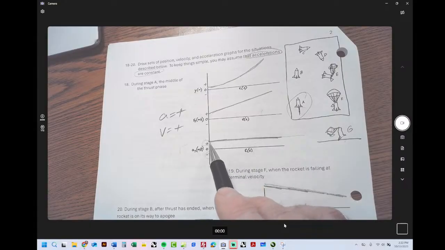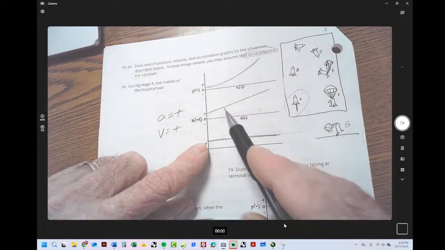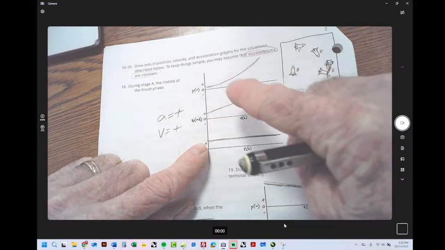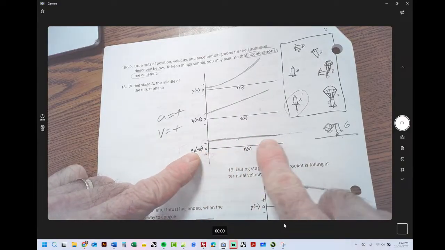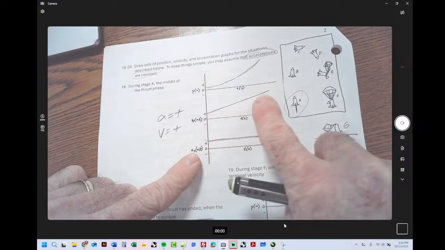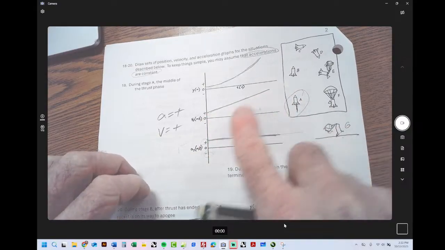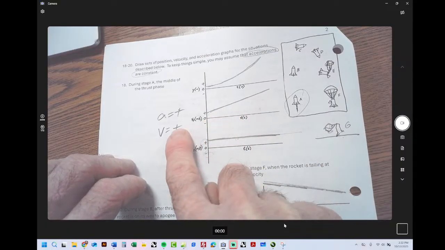And this positive acceleration can tell me the velocity because the slope of the velocity graph is the acceleration. So positive acceleration means I need to have positive slopes the whole time. And not only do I have to have positive slopes, but I need to have positive velocity.